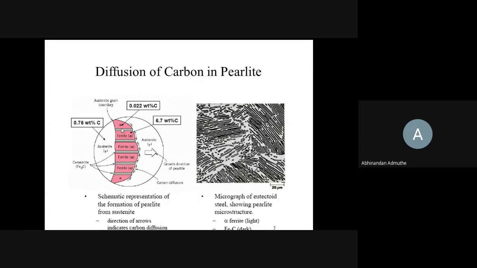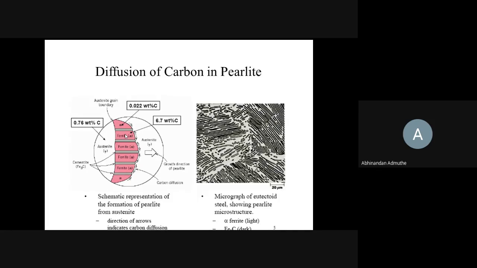That favors the condition for the formation of ferrite, because we know only 0.025 percent is the maximum carbon that can be dissolved in ferrite, and close to the cementite region we have only a very negligible percentage of carbon. So that condition is favored to form ferrite, and ferrite forms on both sides of the cementite. You can see it here.